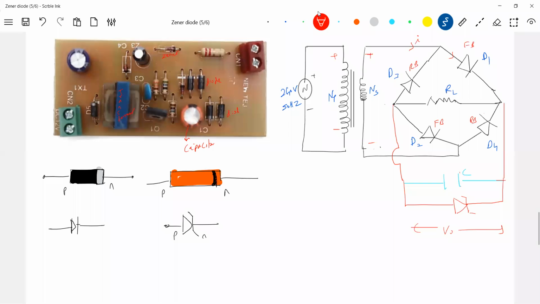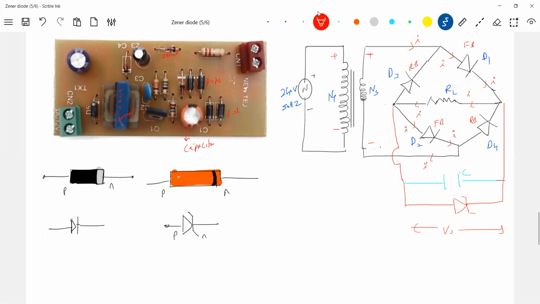Look only at the direction of flow of current. I'm making the current flow like this. It will be connected in parallel, no? It will branch out some. So this is the direction during the positive half cycle.